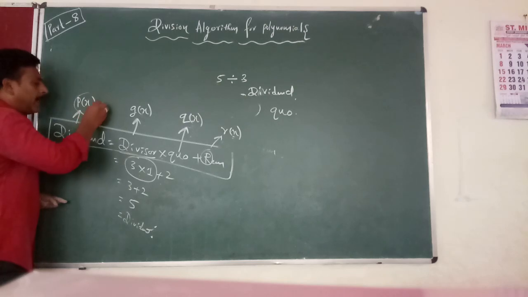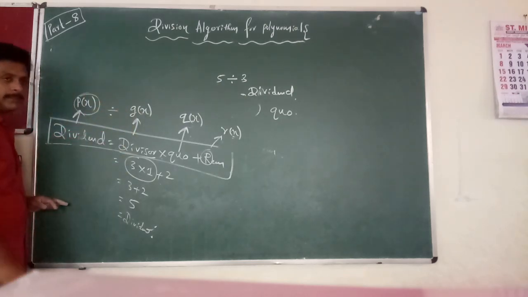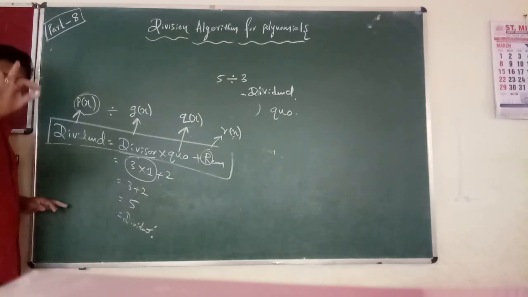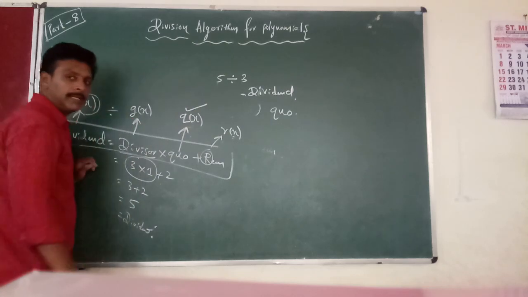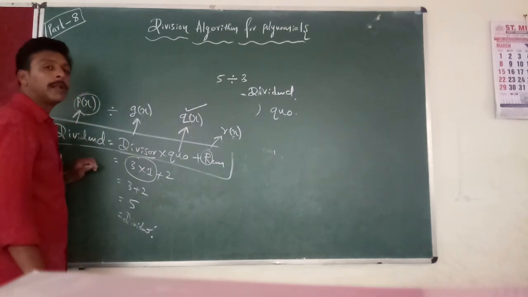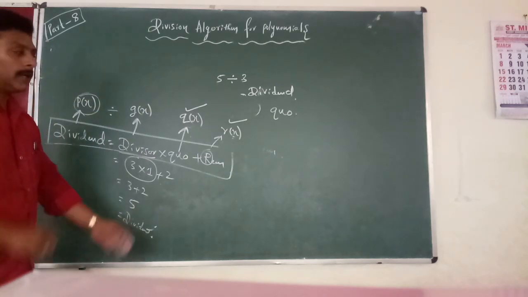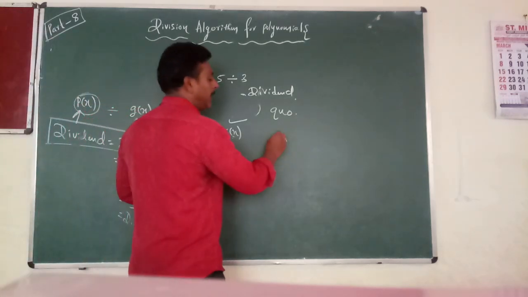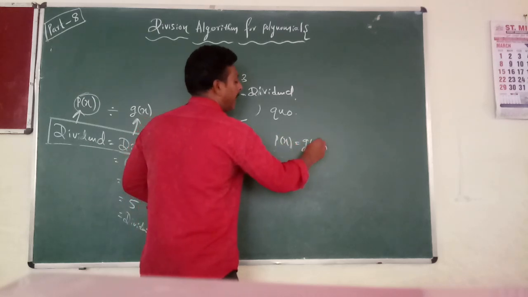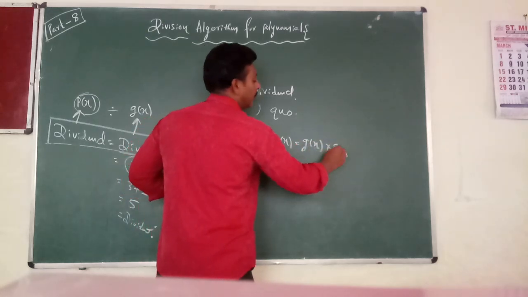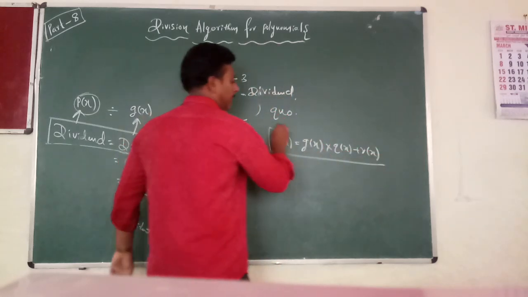If p of x is divided by g of x, then there exist two more polynomials. One is the quotient q of x and another polynomial called the remainder r of x. Then what is the relation between them? I am going to write p of x is equal to g of x into q of x plus r of x. Is it clear?